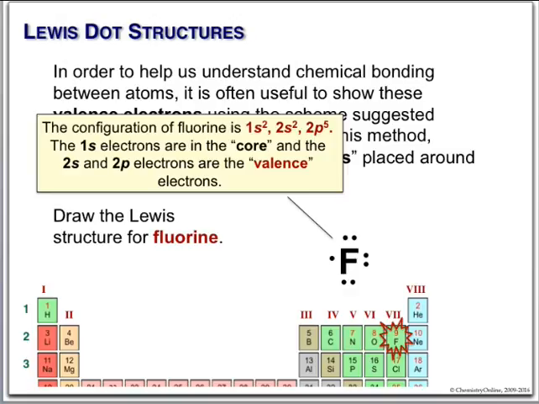That is a Lewis dot structure. Now, Lewis dots are actually kind of neat because you can use them to explain the formation of charged elements, ions. You can also use them to explain covalent bonds.